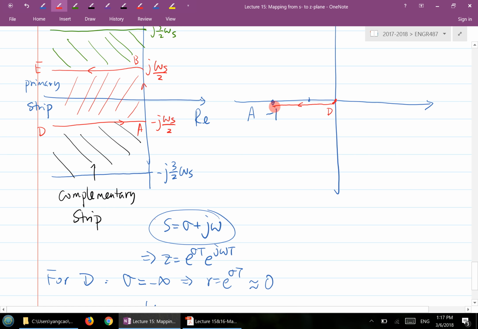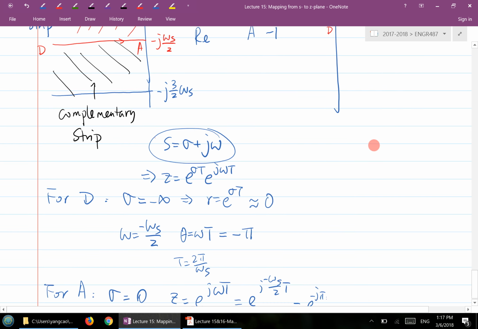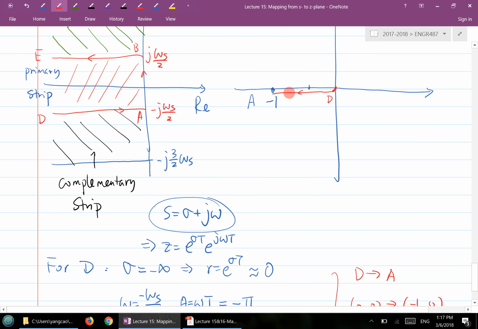Is that okay? Yeah. So basically moving along this 0 to negative 1. So essentially the mapping for this part, from D to A, corresponds to 0 to negative 1, 0. So that's moving from here to here.